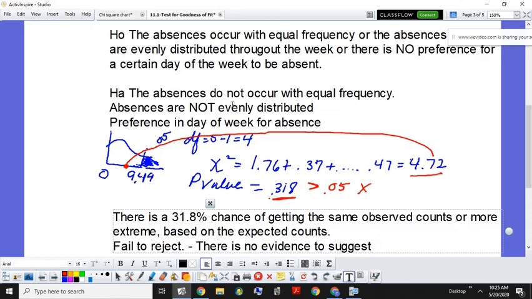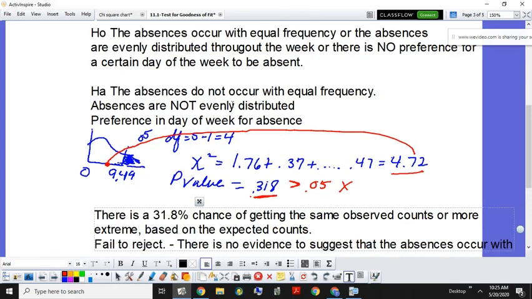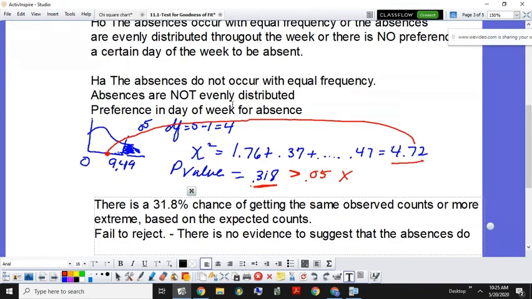So to suggest that the absences do not occur with equal frequency. We have no evidence, because it wasn't different enough, to say that absences are different for each day.